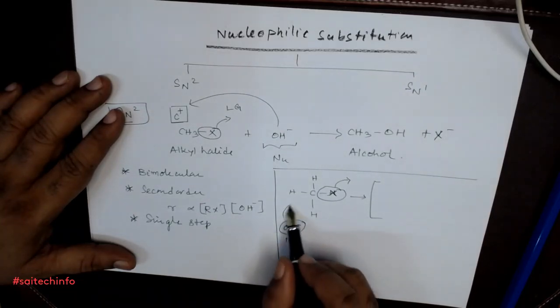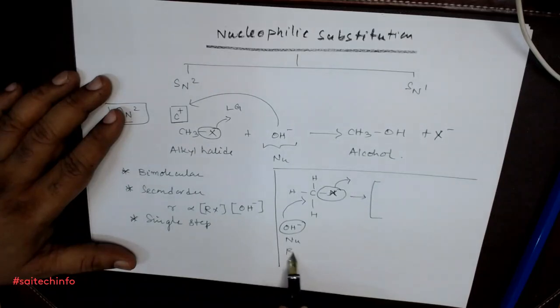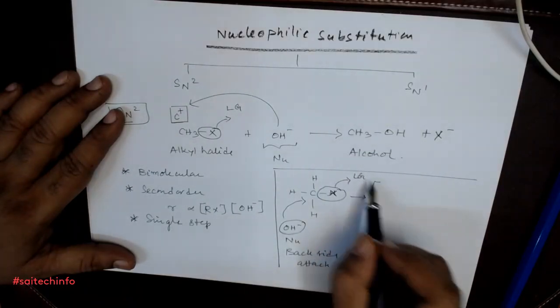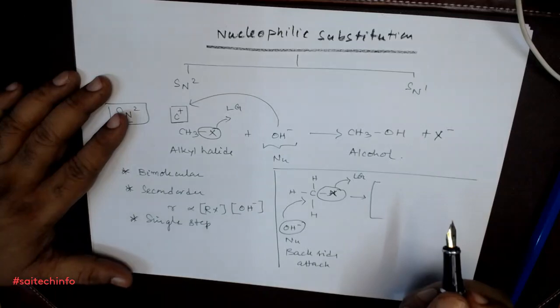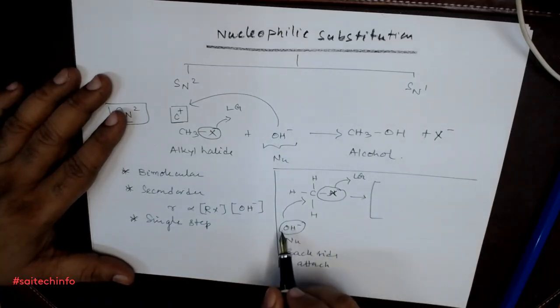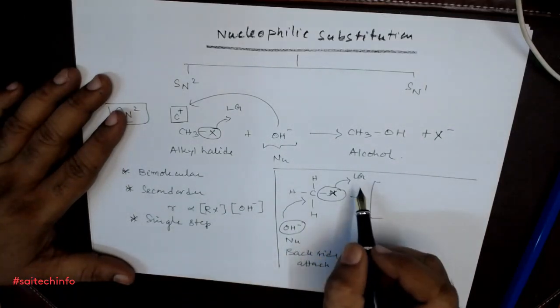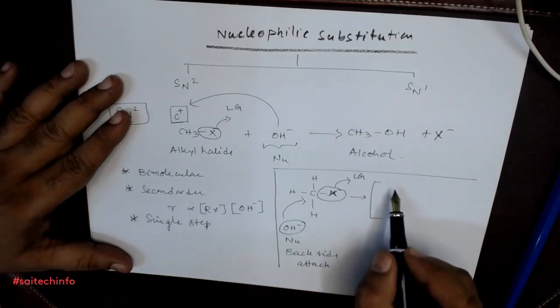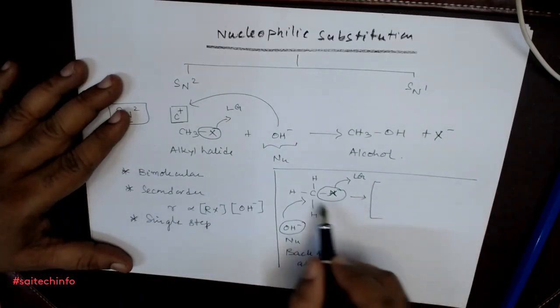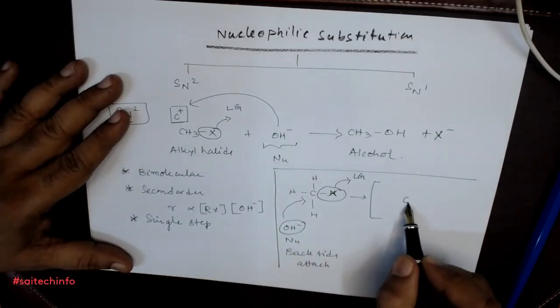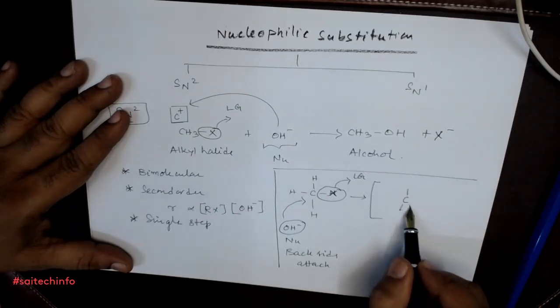It attacks from the back side, so it's called backside attack. And this is the leaving group as chloride anion. So both attack and leaving take place simultaneously and form an intermediate, and this carbon gets adjusted like this.